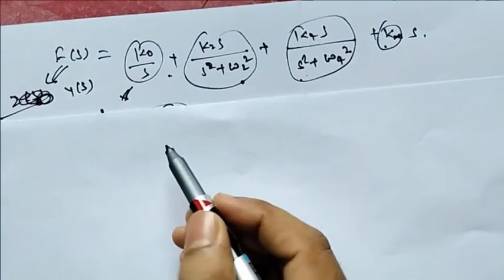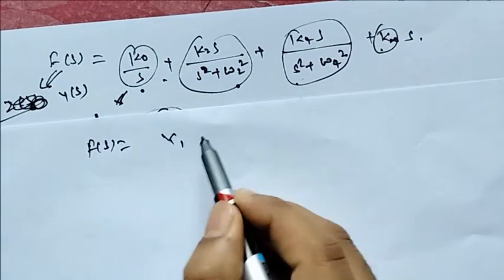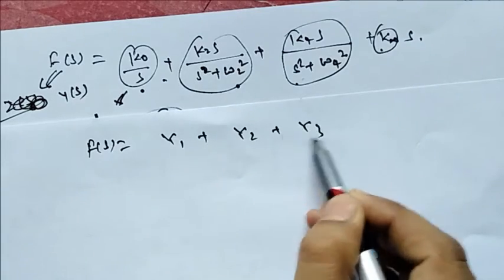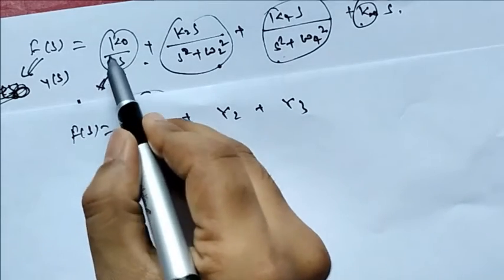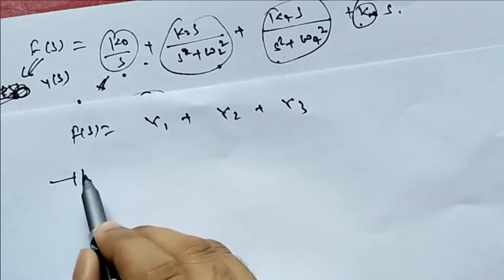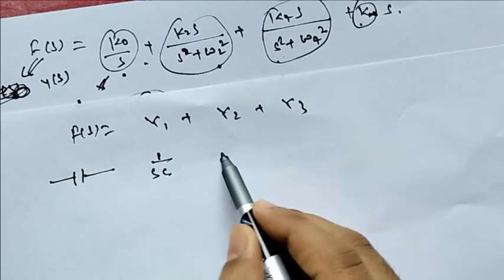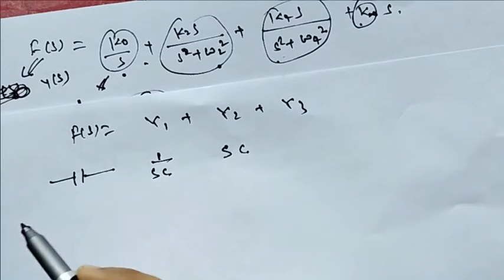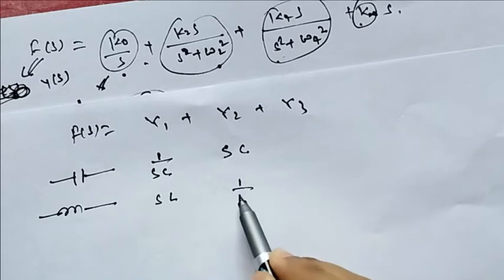Then these are all parallel combinations of Y1, Y2 and Y3, which means they are added in parallel. Now if you see the capacitance or inductance, the impedance is 1 by SC and the admittance is SC, and if you take the inductor it is SL and 1 by SL.